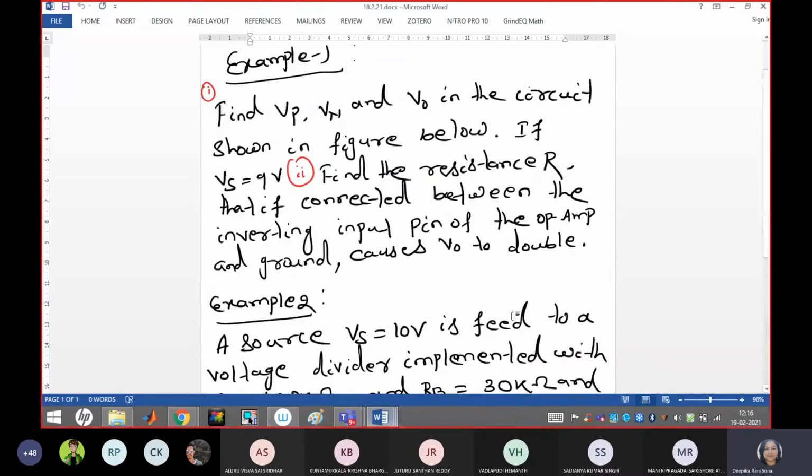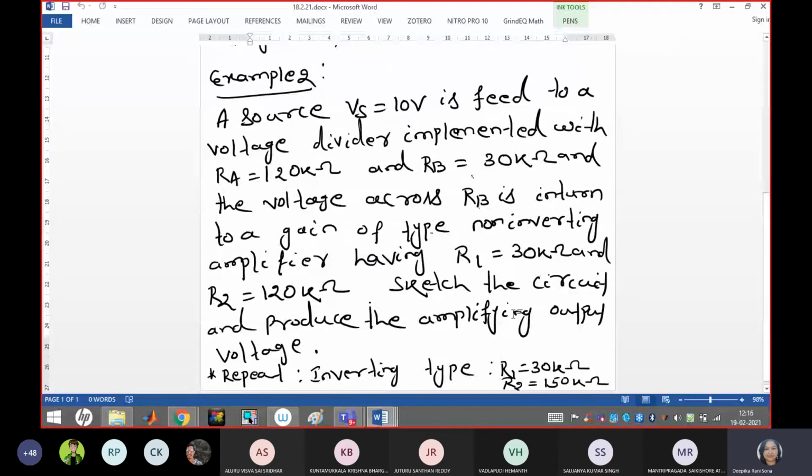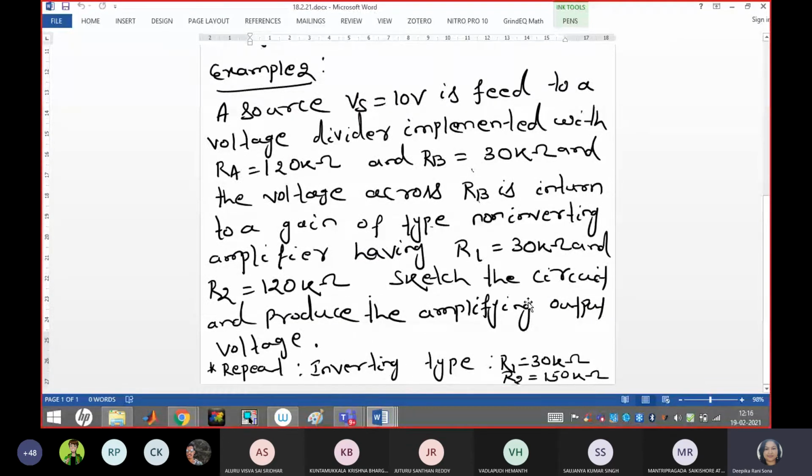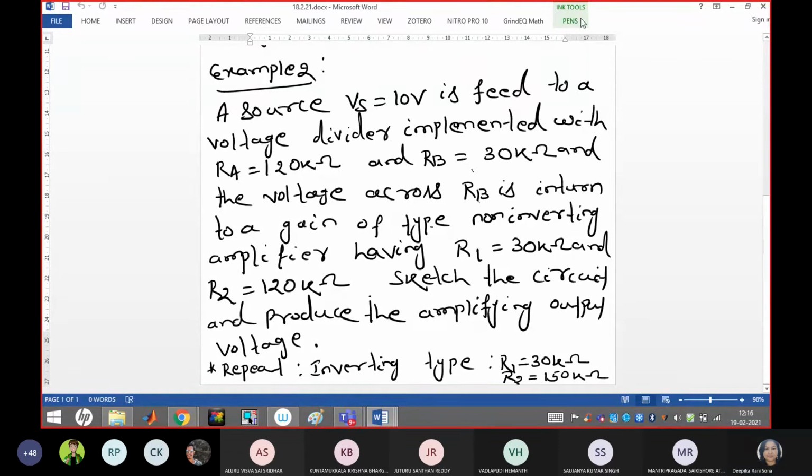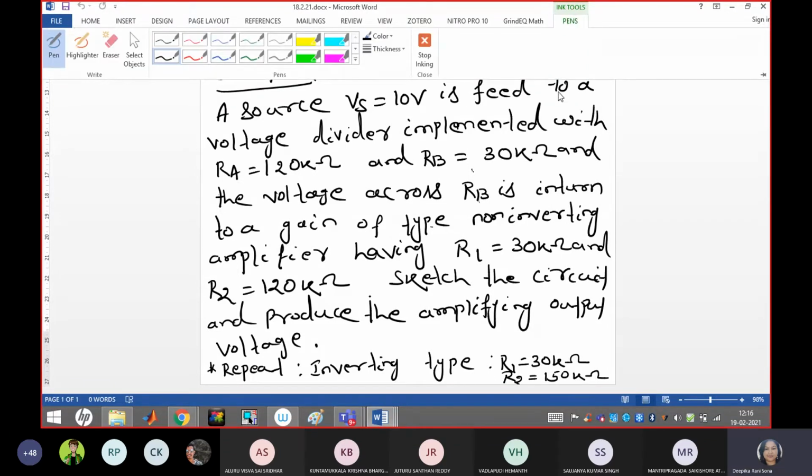Second question, yeah, here. Look at here, guys. A source voltage Vs of 10 volt is fed to a voltage divider implemented with RA equal to 120 kilo ohm and RB equal to 30 kilo ohm, and the voltage across RB is in turn fed to a gain of type non-inverting amplifier having R1 equal to 30 kilo ohm and R2 equal to 120 kilo ohm.